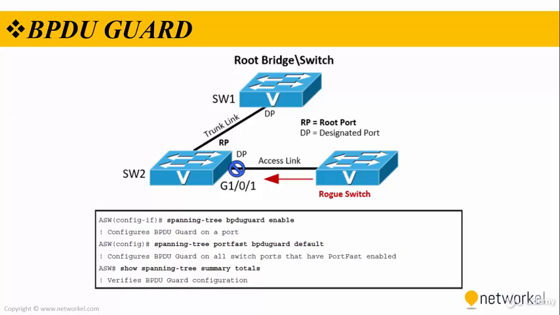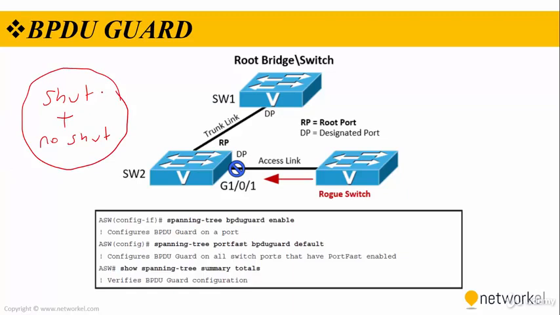The error disabled port is a shutdown port and can be reactivated by using the shut and no shut commands together. First you need to shut, then you need to no shut the error disabled port to make it active again.